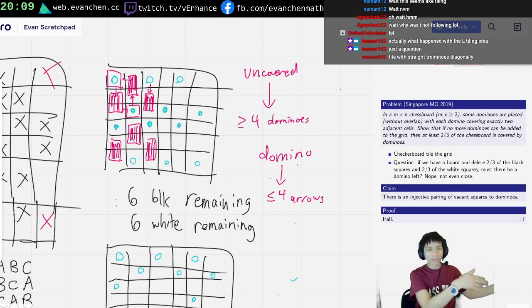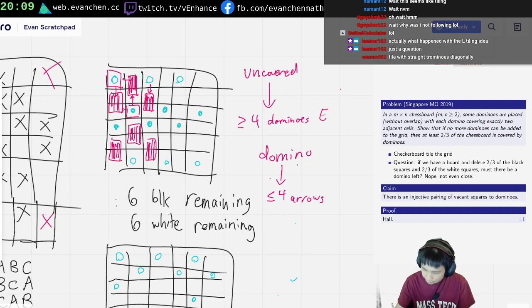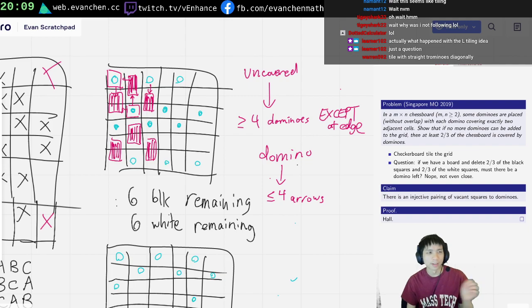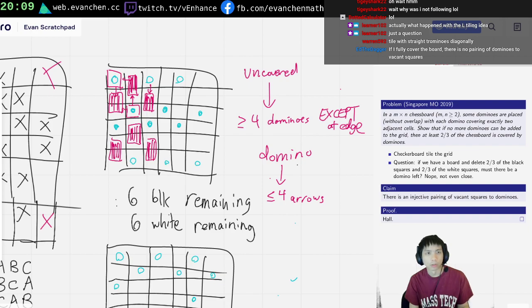If it wasn't for the edge of the board, you could actually just be done at this point, because this one is true, except at the edge. If you're away from the boundary of the board, then this is actually true. For every vacant square, there's a domino in each of the directions. So the border is the one that's giving me more of a headache.